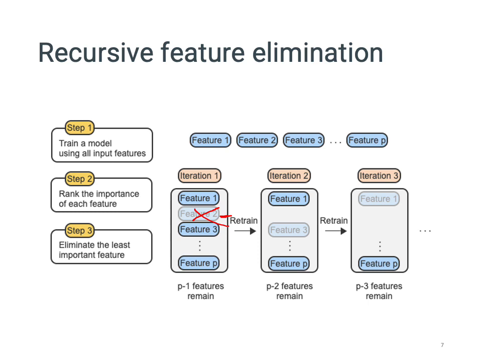And then in the second iteration, we perform the earlier steps for the remaining p-1 features and so on. So the algorithm iterates until we are only left with the desired number of features.